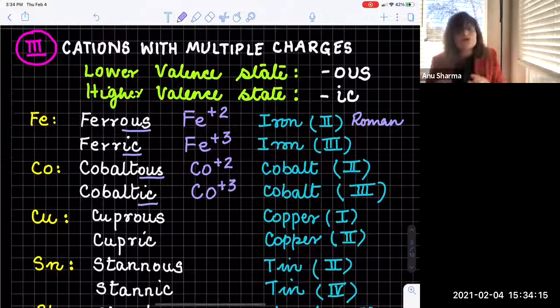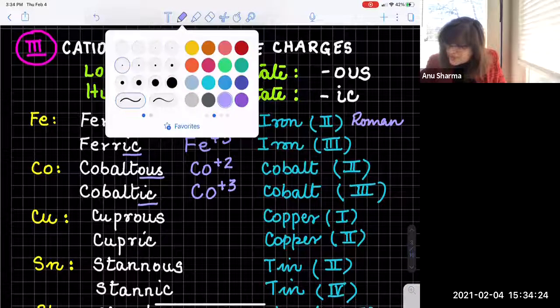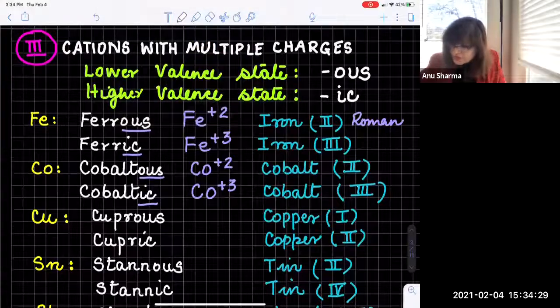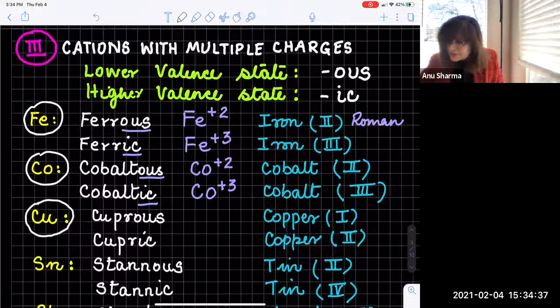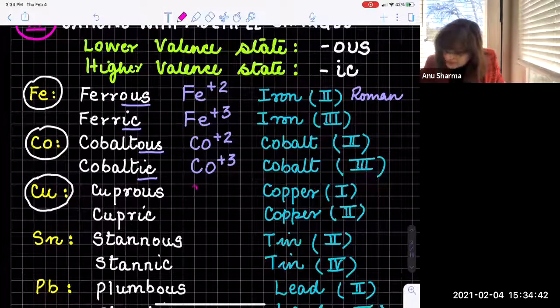Now again, do not confuse that every time ous is going to be +2 and ic is going to be +3. No, it is always specific to what the element is. We're talking in this case of iron. Iron has +2 and +3, cobalt +2 and +3, but copper on the other hand has +1 and +2. So I'll put this in a different color here. Cuprous is +1 and cupric is +2.